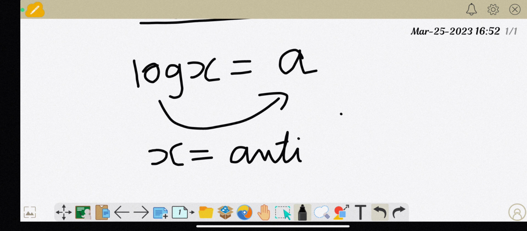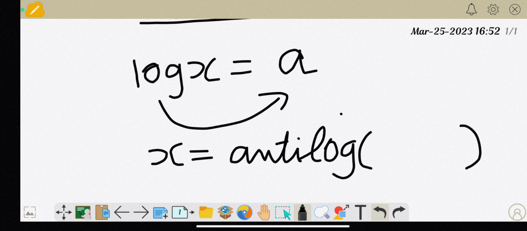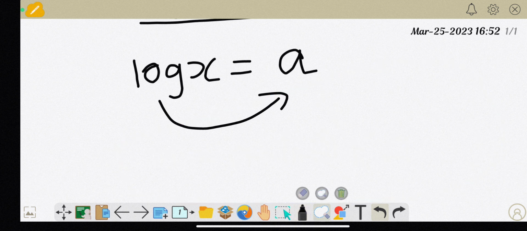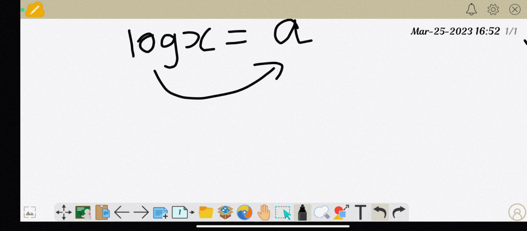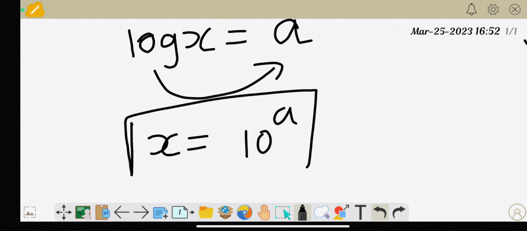In physics you might have used anti-log in your physics problems in first year. What does this anti-log mean? It is just a name. Actually it is 10 to the power a. So if you want to convert log to anti-log, log to exponential, you have to do it in this way.